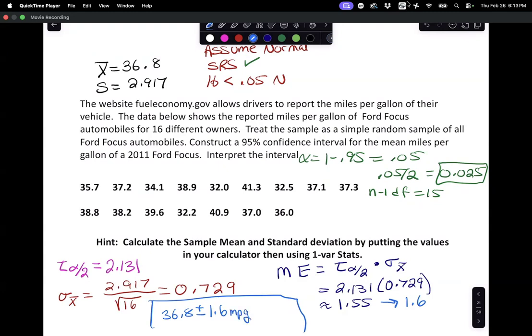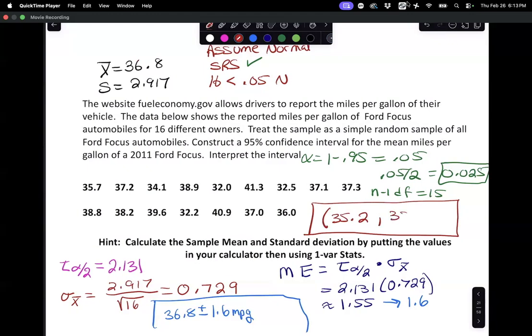Or you can actually do the math. I know I could do this math in my head. So 35.2 to 38.4.